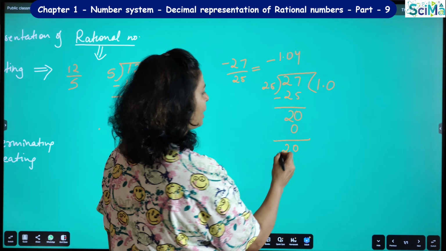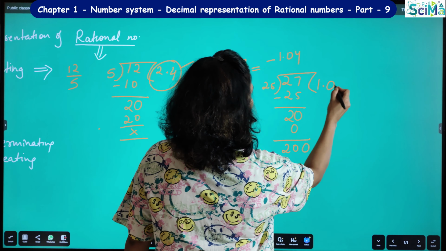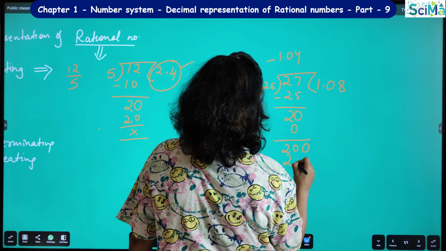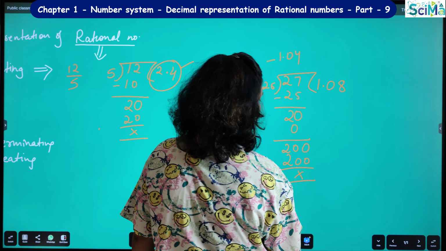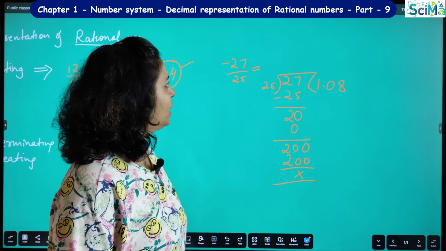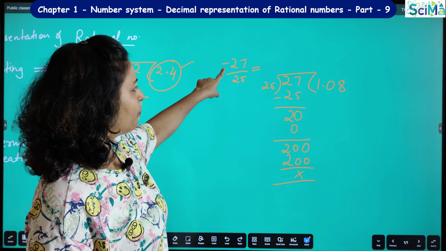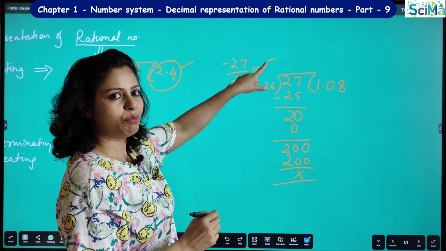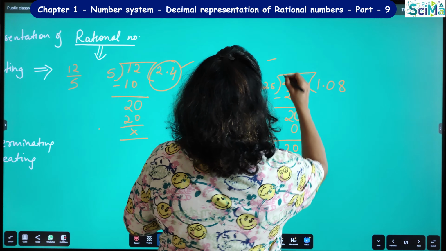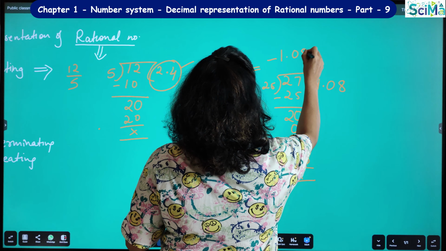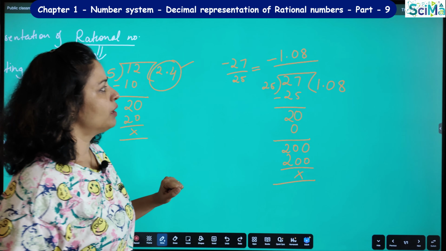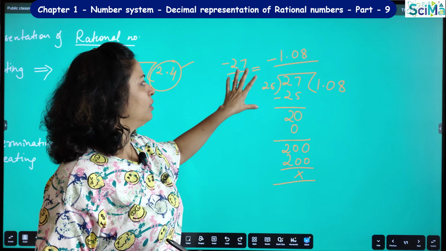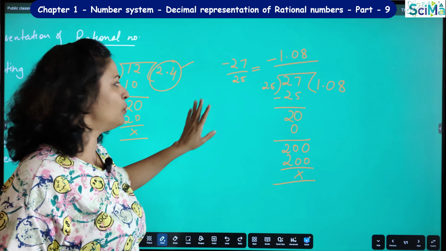So for this decimal I can put a 0 here, and 25 8s are 200. We get a remainder 0. Okay, so the decimal representation of this rational number will be minus. We have to retain the minus sign because it is a negative rational number. So minus 1.08. Okay, so this is the decimal representation of minus 27 by 25.